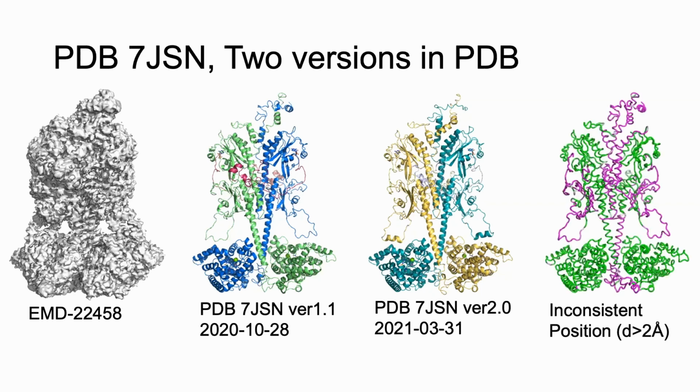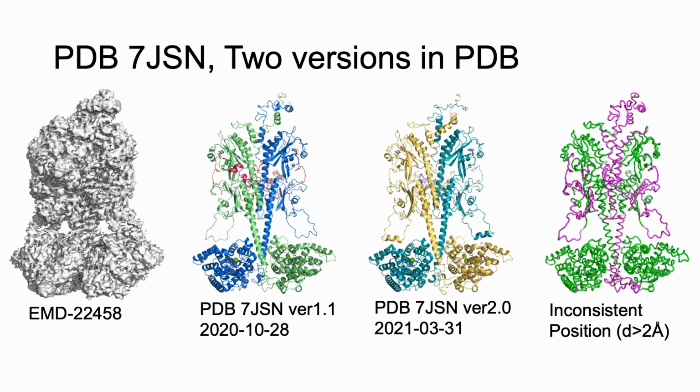But if we carefully check the coordinates and sequence assignment, these magenta regions are updated, meaning the sequence was shifted toward the N-terminal or C-terminal region. This happens, but this data is very useful, because the author updated the coordinates here, meaning these regions were improved by the author.